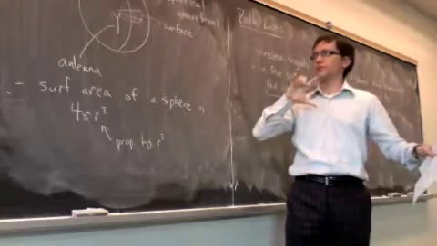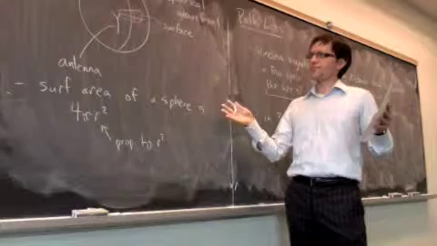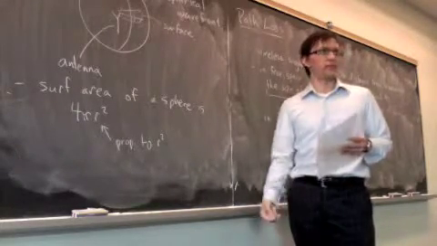As you get further and further away from the center of the sphere, it doesn't matter what the size of that solid angle is, it will still decay proportionally to r squared.